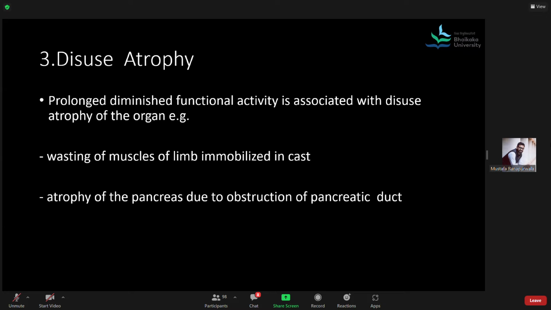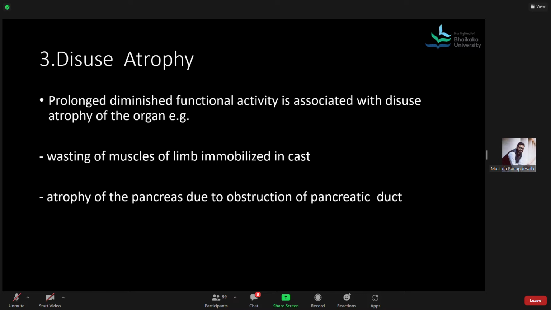When we have, let's say, a fracture of your arm, and we immobilize that limb in a cast for a long amount of time, that activation is usually lost because of the loss of stretch, and that is what causes that particular muscle to undergo disuse atrophy, right?